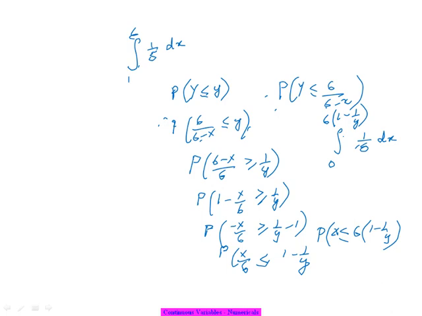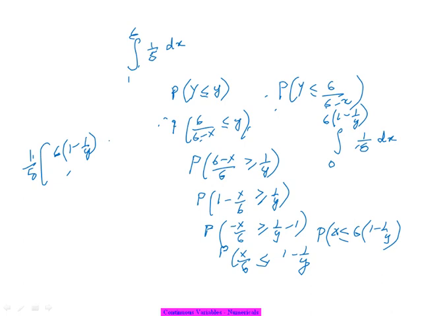So, it has come out that x is less than or equal to 6 into (1 minus 1 by y). So, x less than or equal to that means it's like integration between 0 and that value. Right? So, you are integrating the density of x between this particular limit, which is nothing but 1 by 5 into 6 into (1 minus 1 by y).